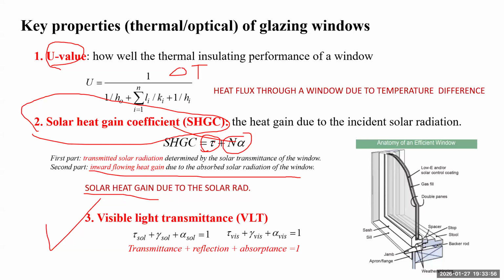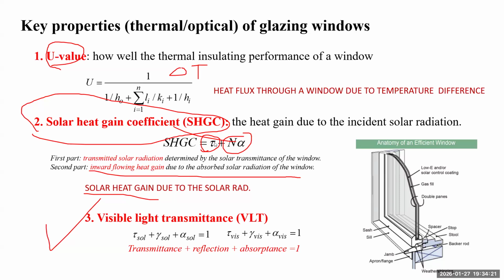So we also have to understand that transmittance plus reflectance plus absorptance is equal to 1. That is the relationship. If there is low reflectance, it has high transmittance and high absorptance for glass.